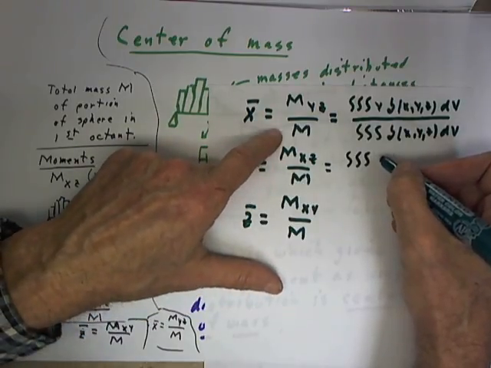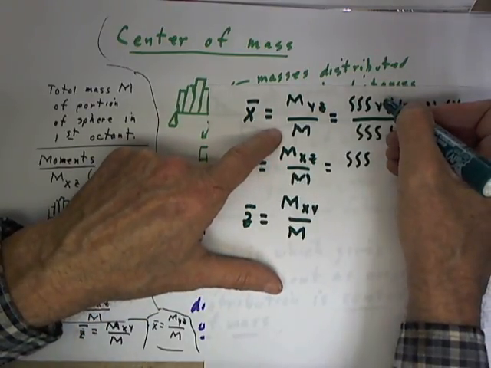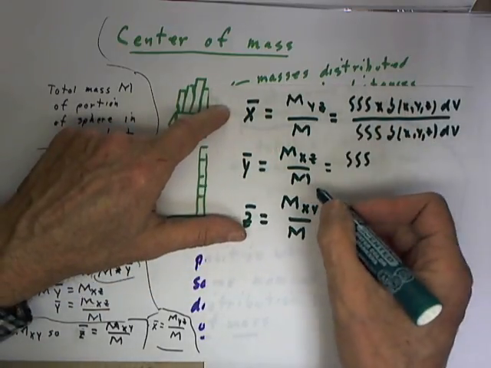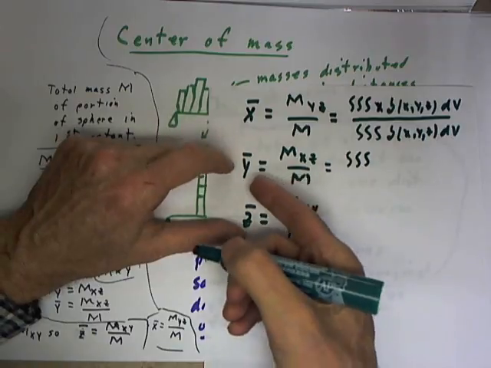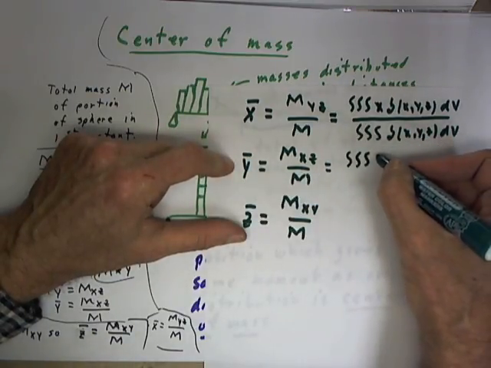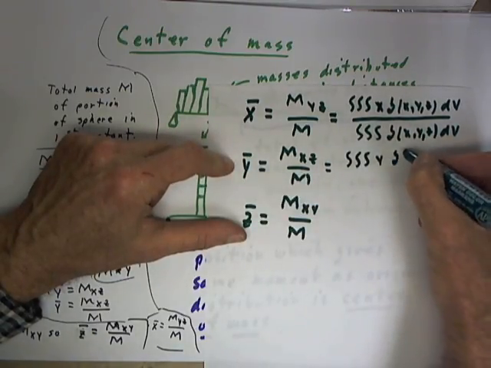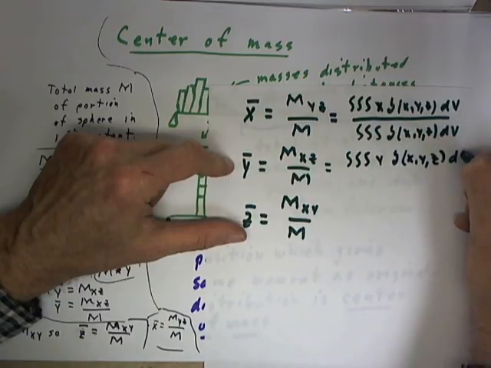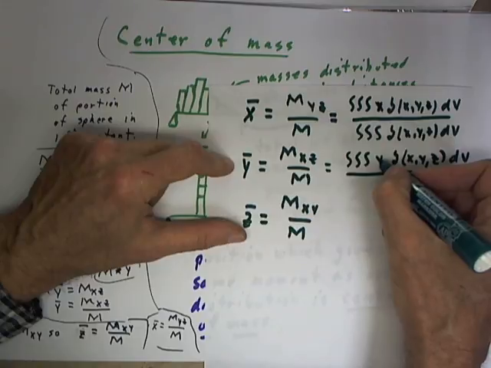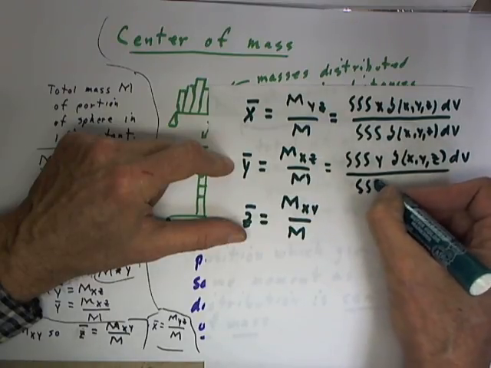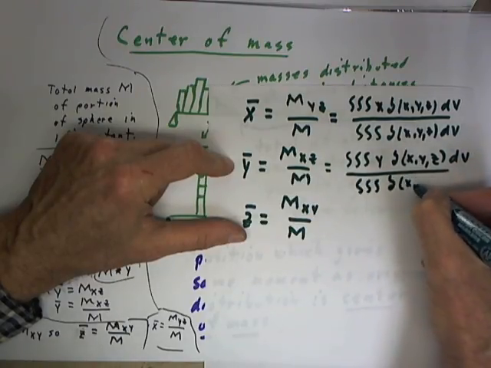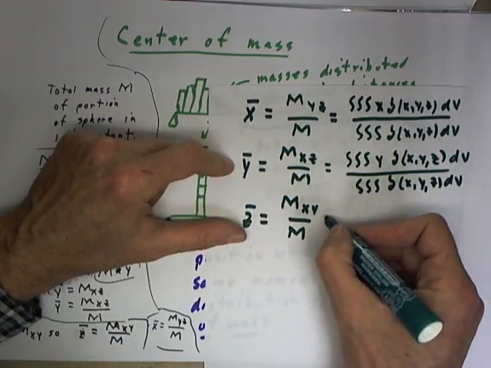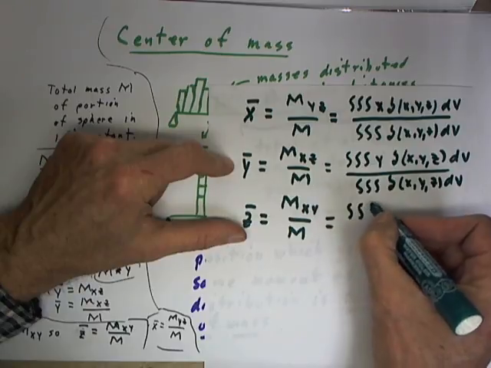Okay. I wrote y here, and this should be x because we're doing our x center of mass. Sorry. Our y bar is going to equal the integral of y times density of xyz dv over the integral of the density. And finally our z integral.